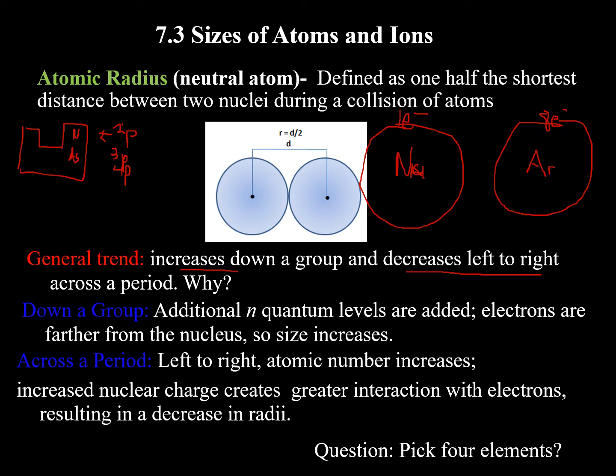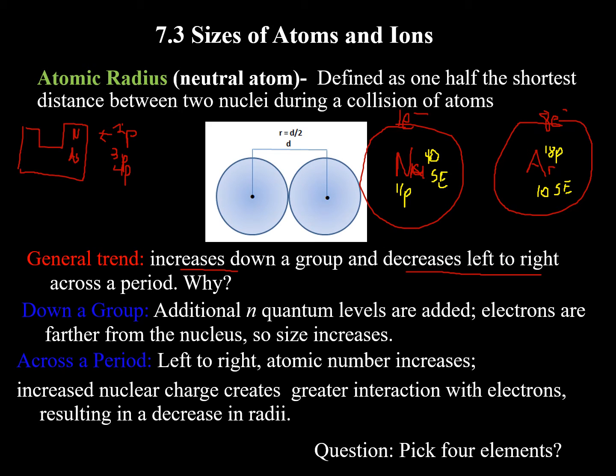And I'll just write in yellow, there are 10 shielding electrons. There are 10 shielding electrons. So again, the major difference is there are 11 protons for sodium, 18 protons for argon.